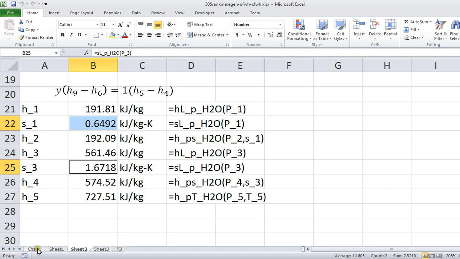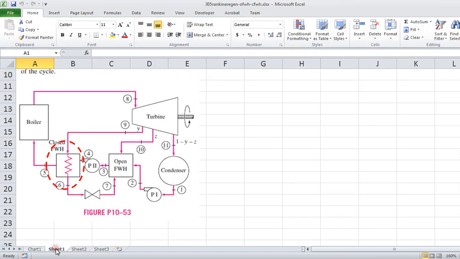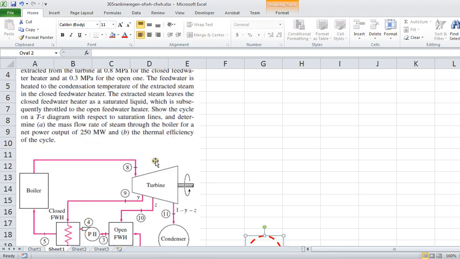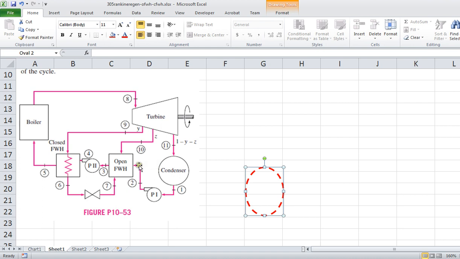I've got another example to look at for you, and it is a regenerative cycle, and it's another complicated one, meaning that it's got at least two feedwater heaters.